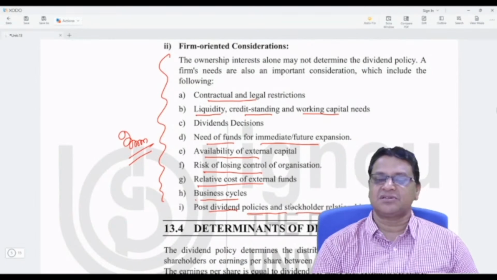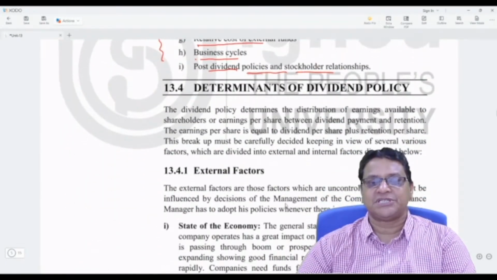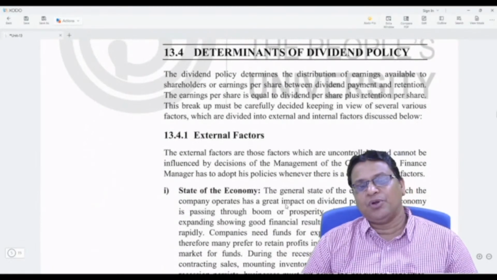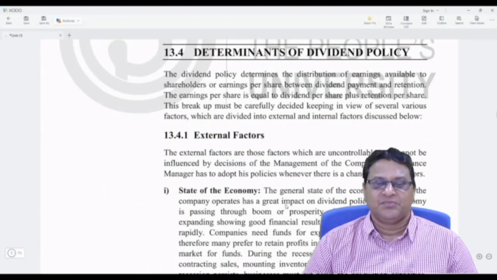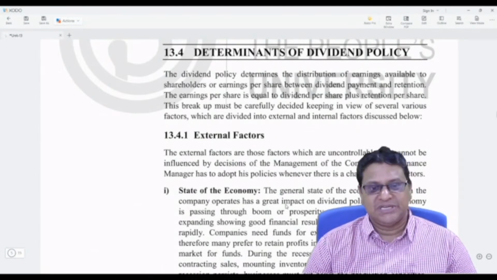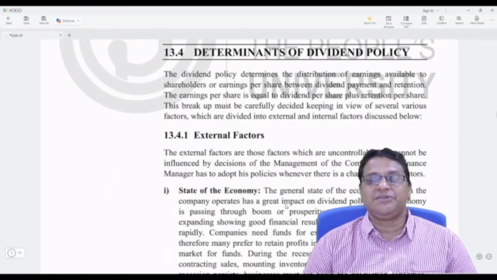Next, we will discuss different determinants of dividend policy. What are the factors which affect the dividend policy of a firm? Those are known as determinants of dividend policy. What is dividend policy?